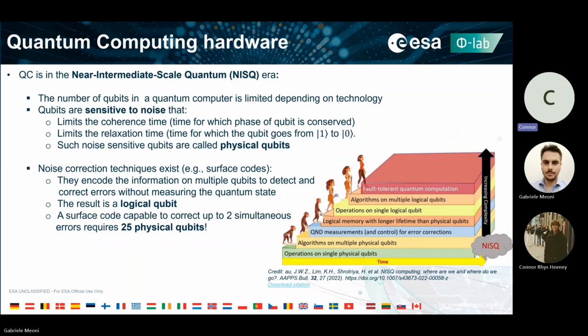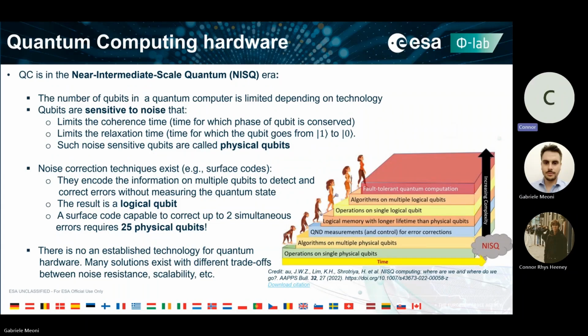Since we have hundreds or thousands in the best case, you can imagine that we are not going to have many logical qubits nowadays. More or less, this is the journey you expect to have really operational quantum computers: way more logical qubits, maybe more efficient techniques to detect and correct noise, then moving to algorithms on logical qubits until fault-tolerant quantum computing. But it's not something that we have today, unfortunately.